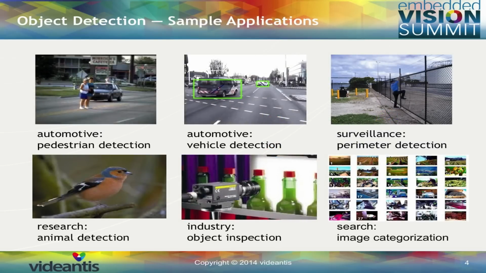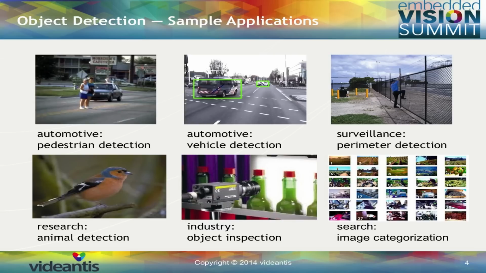So let's look at some sample applications. What Dalal and Triggs focused on was pedestrian detection for automotive applications. So is someone stepping in front of your car, or as you're backing up, is there someone behind your car that you maybe missed? But it can also be used for vehicle detection or in surveillance for perimeter detection.